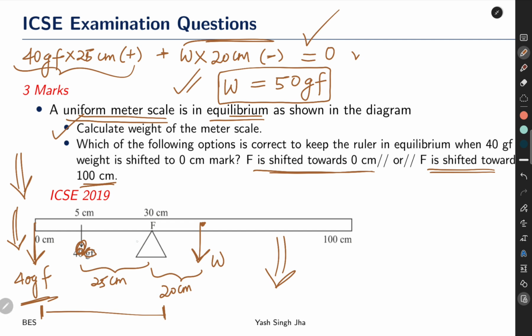So F should shift leftwards. Only then will the distance between the line of action of force and W increase. So F shifted towards 0 centimeter is the correct answer.